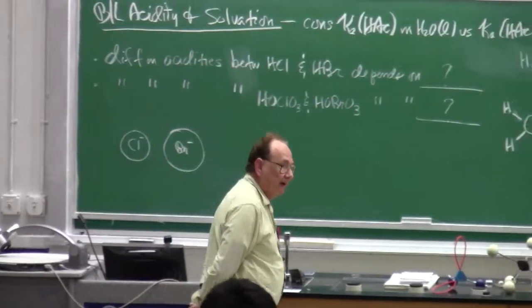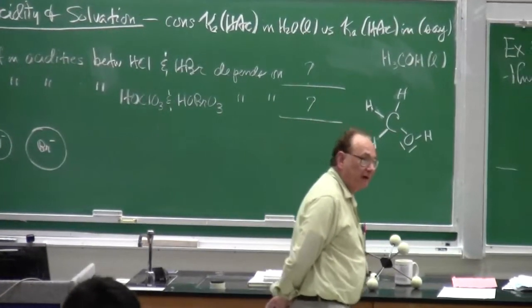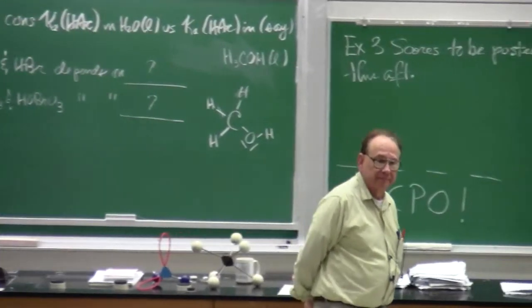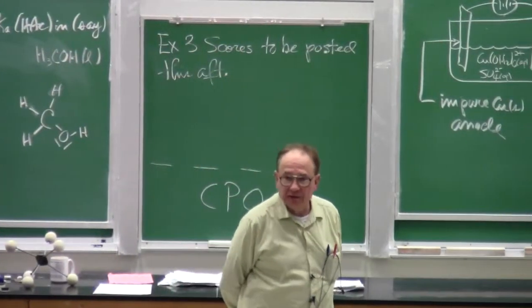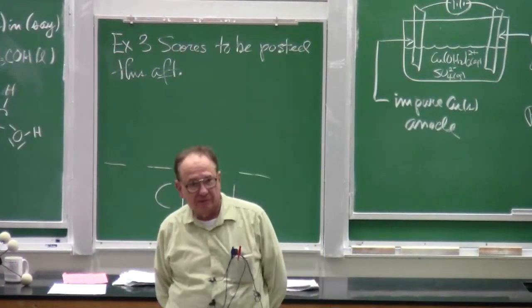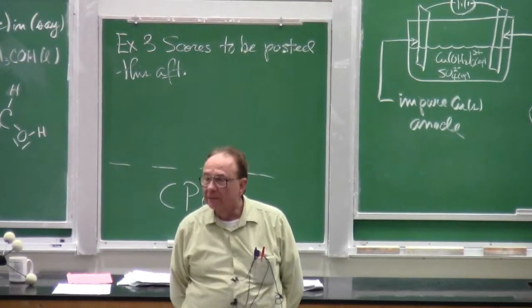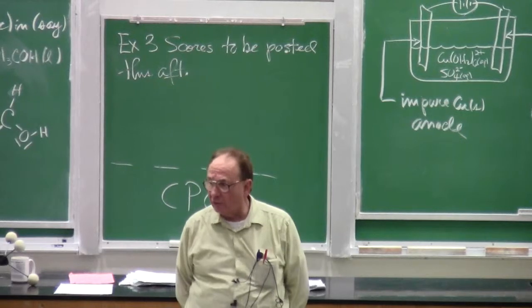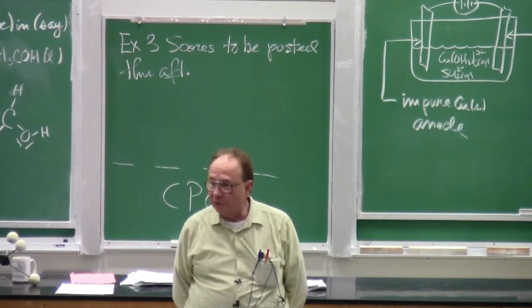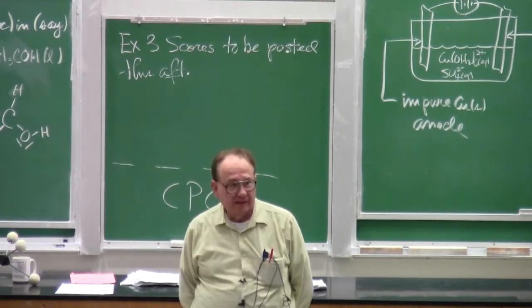If you're a hydronium ion, would you interact favorably with a water molecule? Coulomb. If you're an acetate ion, would you interact favorably with a water molecule? Coulomb. Yes or no? Yes. Of course.